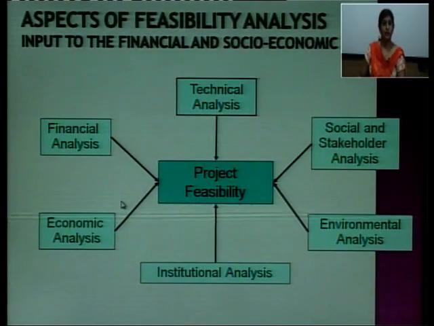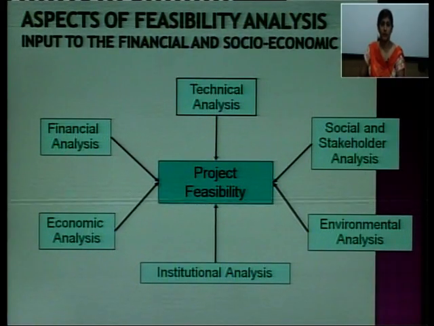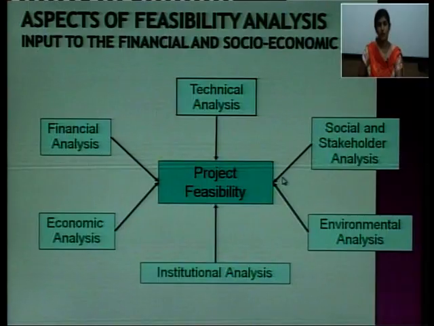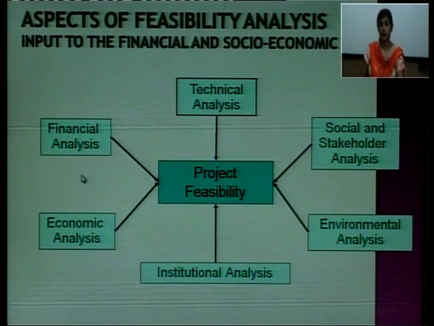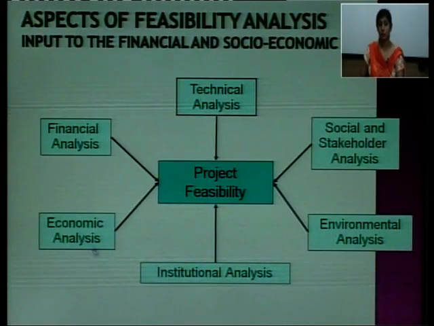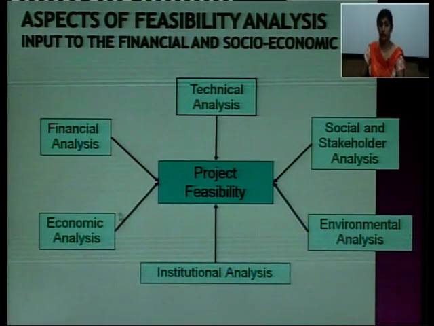Now, aspects of feasibility analysis input to the financial and socio-economic analysis. First of all, whenever you consider the project feasibility, what type of feasibility instructions do you consider in your mind? One is the financial analysis. Next is economic analysis, meaning the cost and the benefits that you consider.